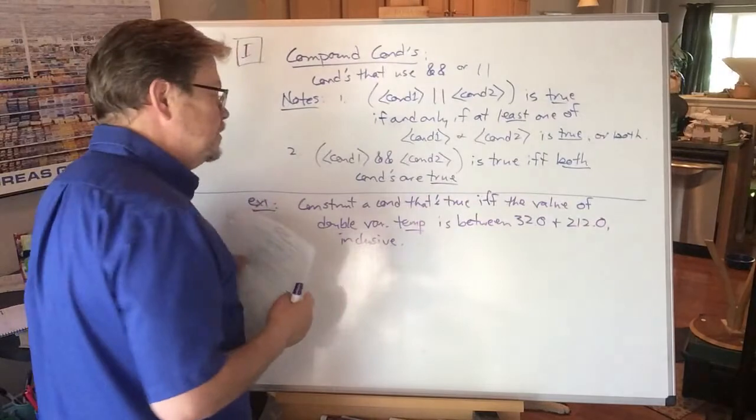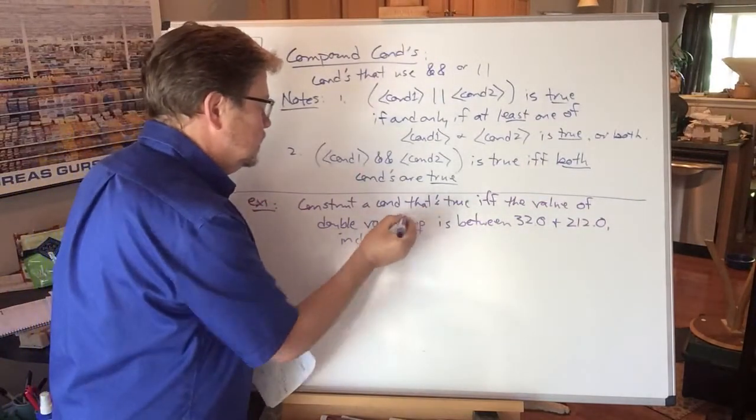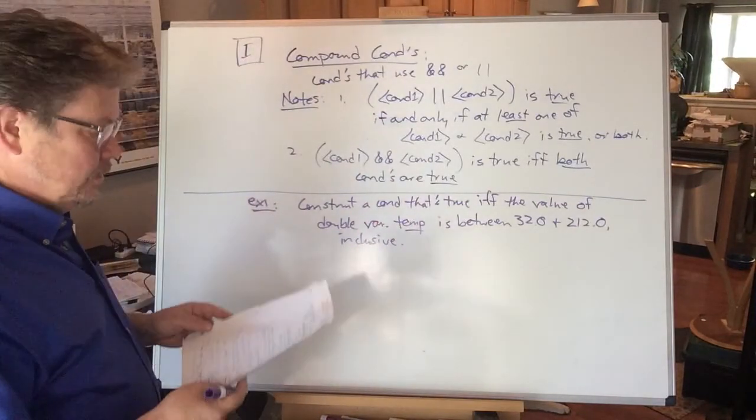Inclusive means the value of variable temp could be exactly 32, or it could be exactly 212, and we'd still want our condition to be true.